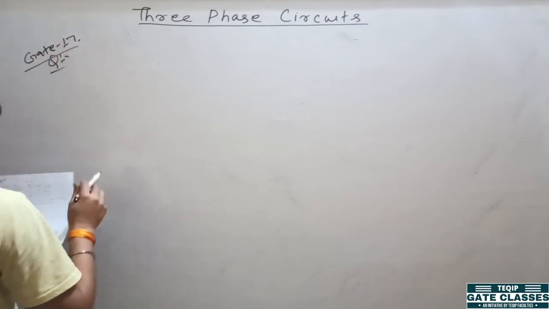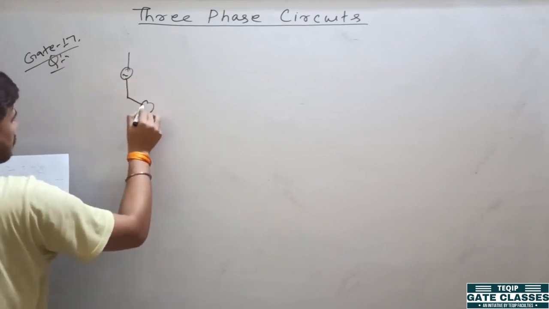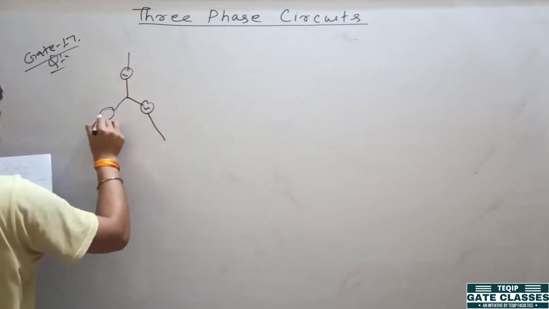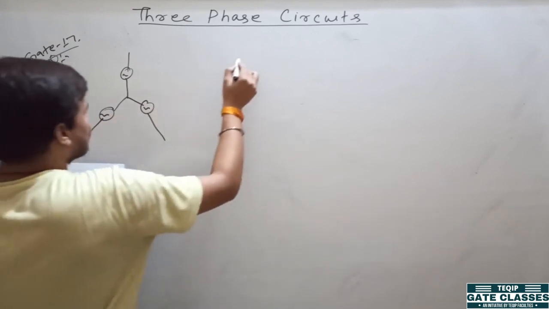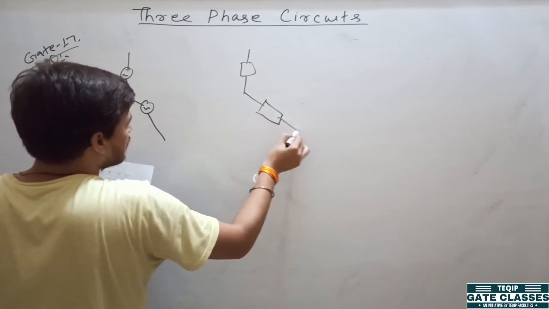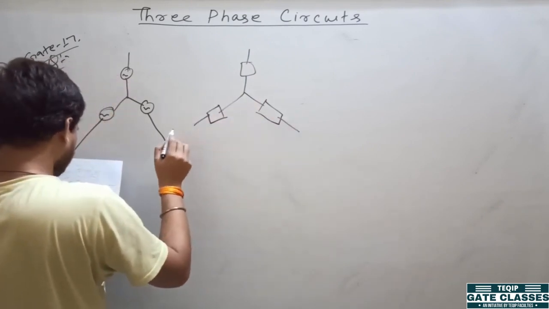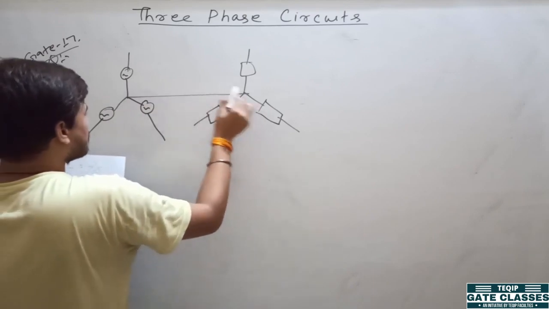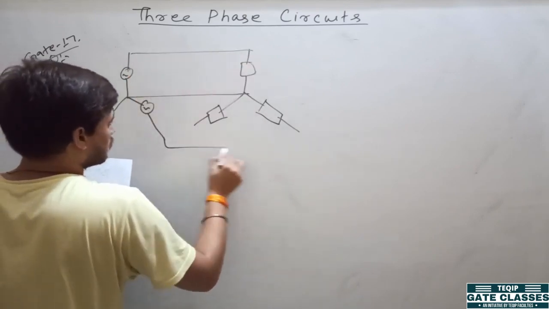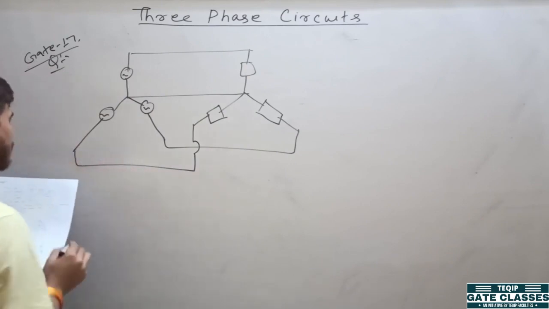It is given that you are having a balanced supply. Now you are having 3 impedances connected in star. This point is neutral, and it is connected like this.